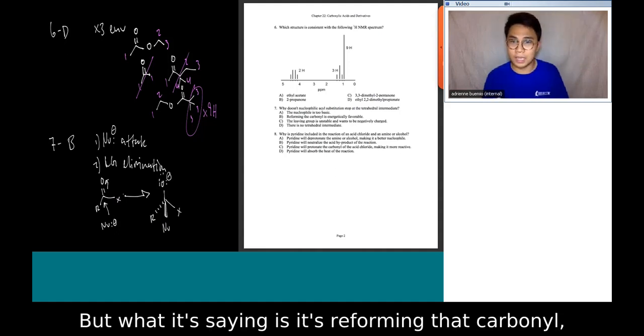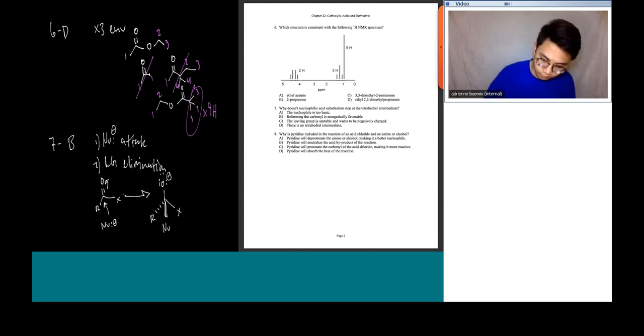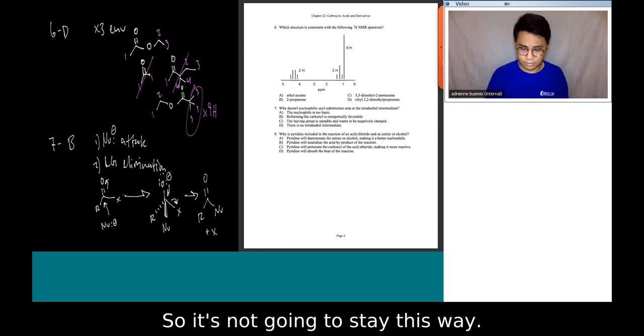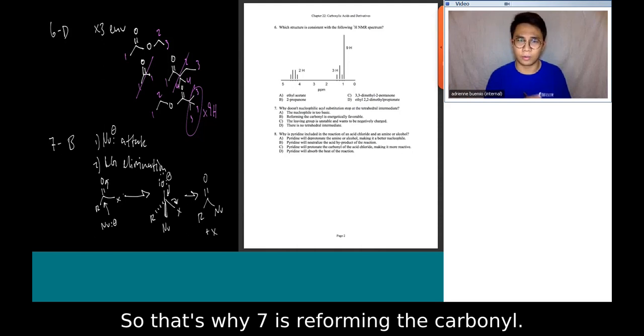But it reforms the carbonyl because we have a leaving group right here. That halogen is a good leaving group, so it's not going to stay this way, it's going to keep going. So that's why 7 is reforming the carbonyl.